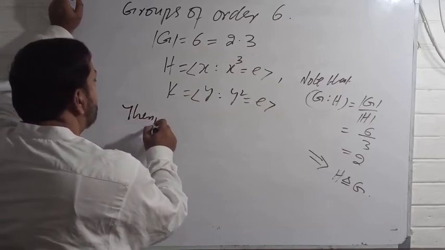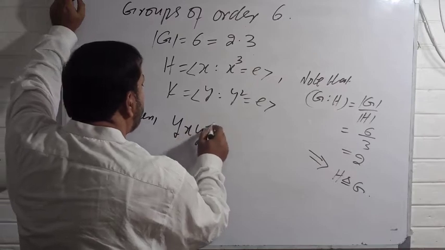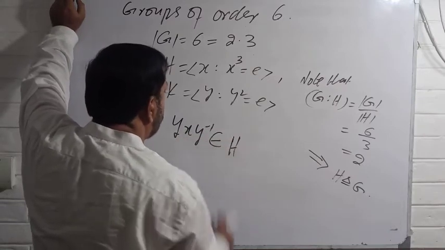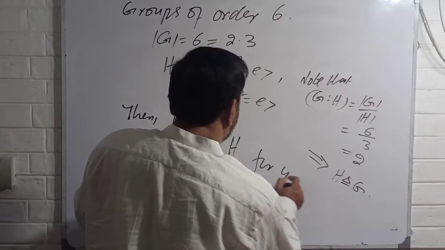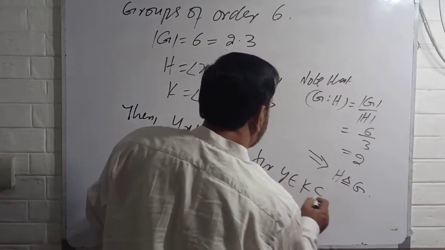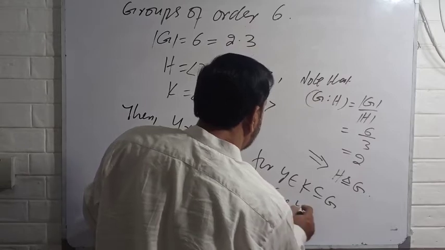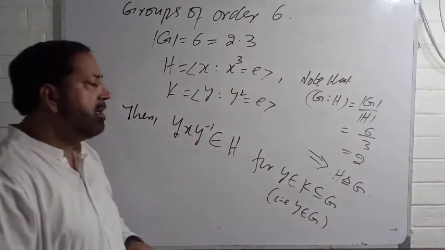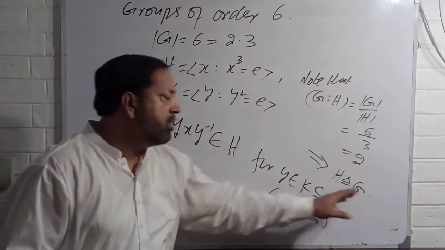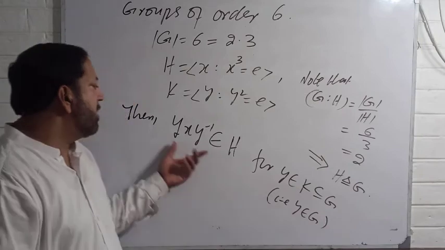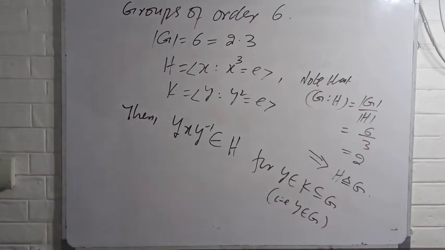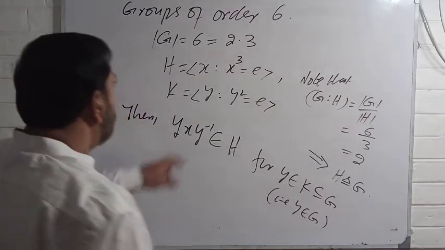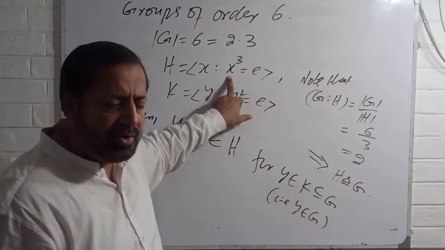Then yxy inverse belongs to H. Look at yxy inverse belongs to H. For y belonging to K, which is a subset of G, that is y belongs to G. Since H is normal in G, you take an element y belonging to G, then by the normality, yxy inverse is in H. Using the normality, but you know that H is a cyclic group, and it has only three elements: e, x and x square.